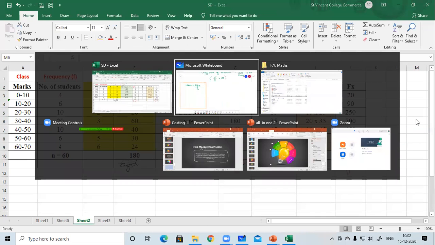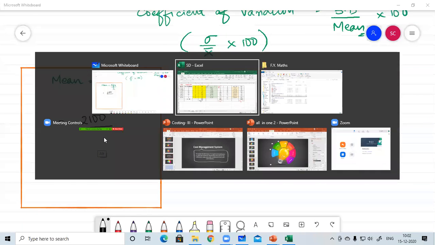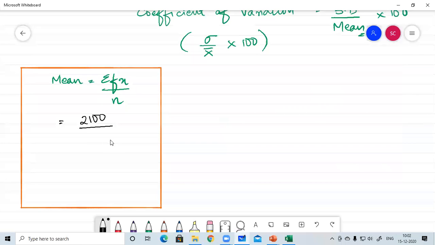So we get the sigma fx as 2100 divided by n, we have already done n, 60. So 2100 divided by 60. You get your mean as 35.